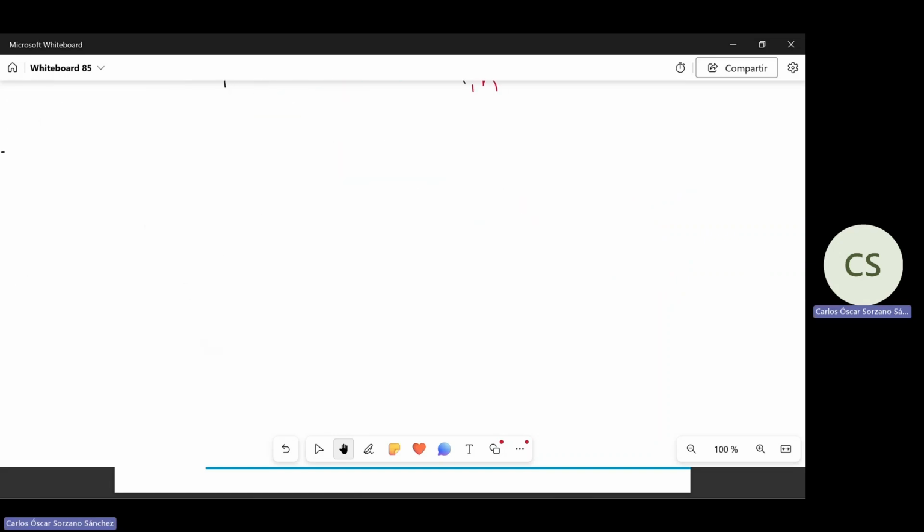So let's see what is the L2 norm of a vector. This is the Euclidean norm. Let me write it like this. It is the sum over i of all these components squared, and then you do the square root.